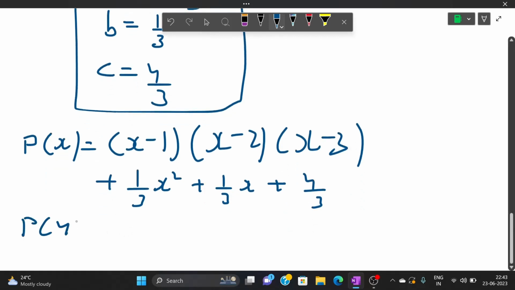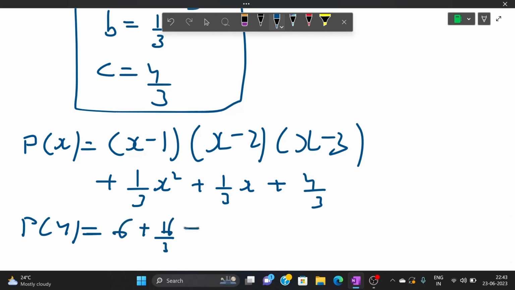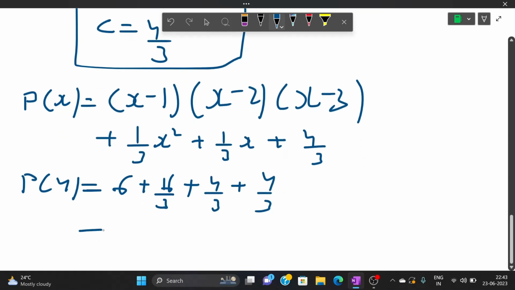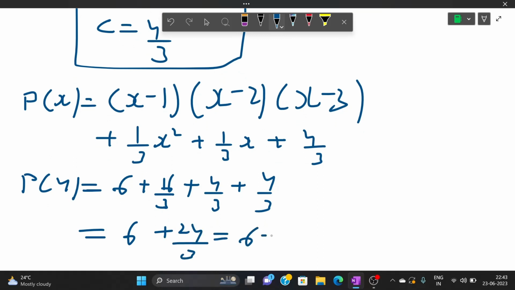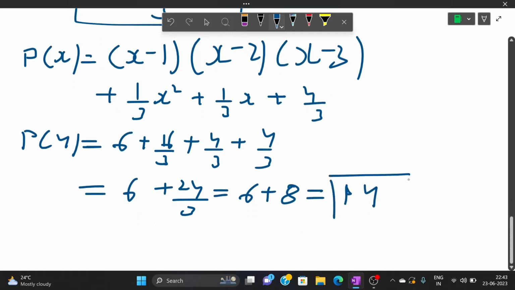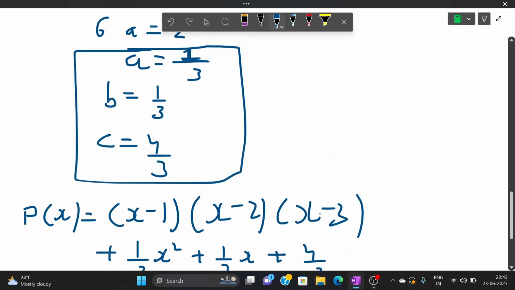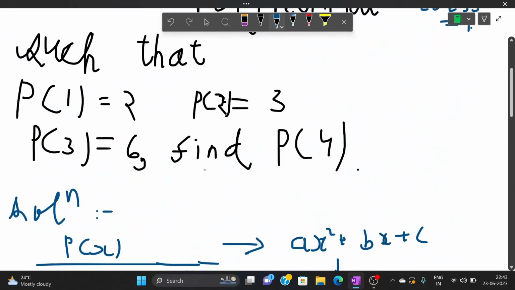So P of 4 will become 3 into 2 into 1, 6 plus 16 by 3 plus 4 by 3 plus 4 by 3. So this becomes equal to 6 plus 24 by 3, which is nothing but 6 plus 8, and the answer to the problem is 14. So the value of P of 4 is 14.